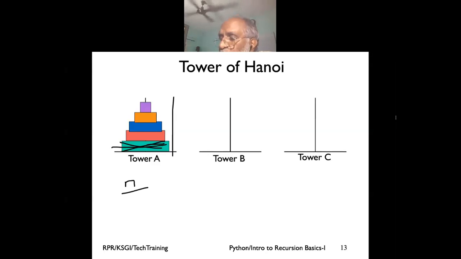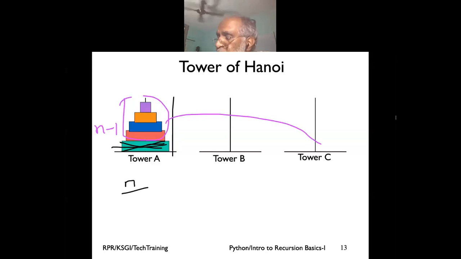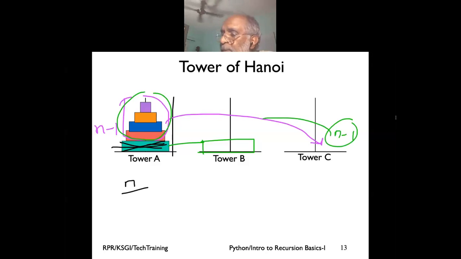So if I can solve the problem of n minus 1 disks using my logic, I move these n minus 1 disks to tower C, then I move this green disk to tower B. My original problem was size n, I made it size n minus 1, and then I move the n minus 1 disks back here, and I'm done.